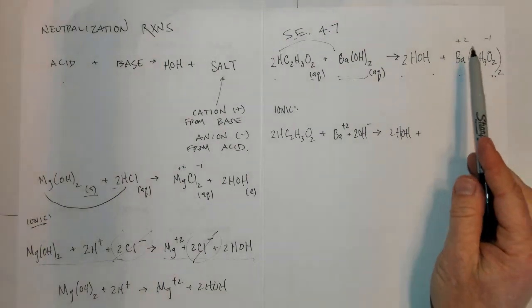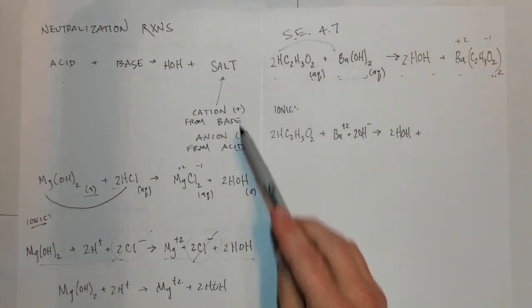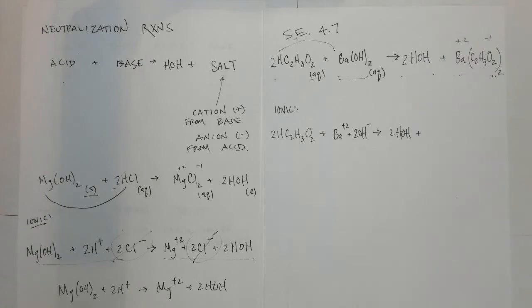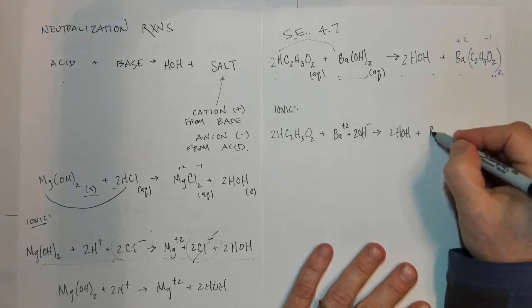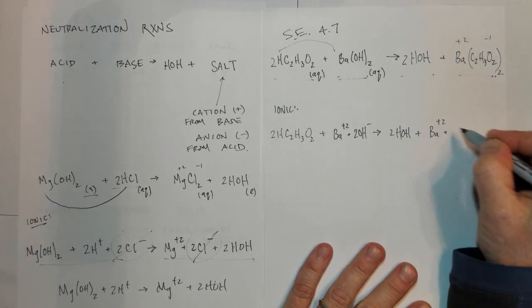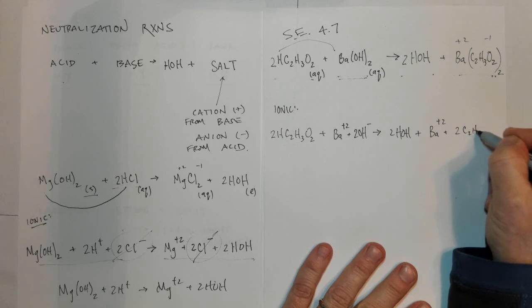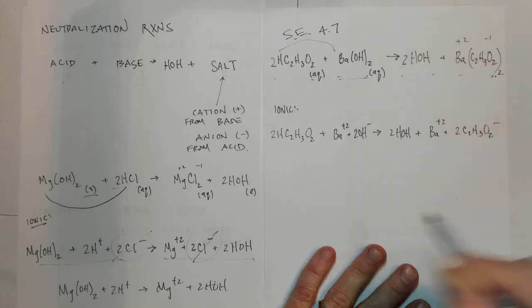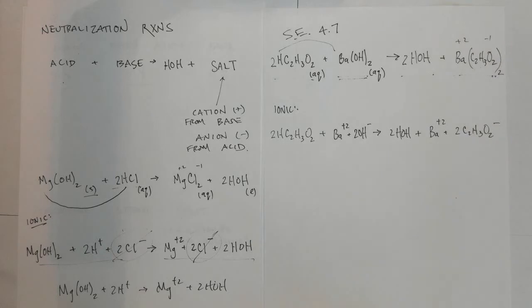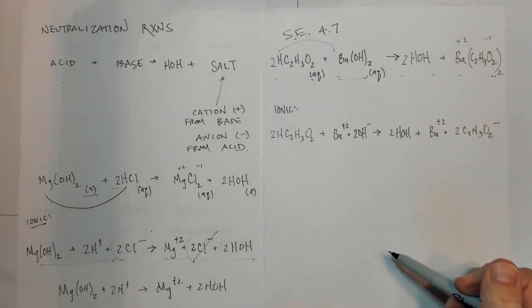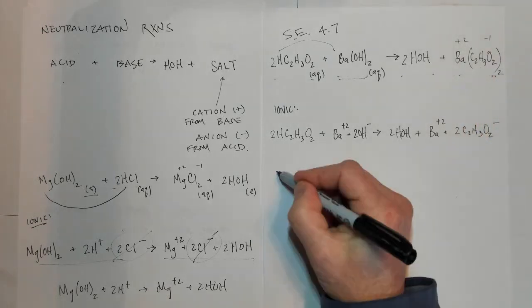Since it's soluble and an ionic compound contains a positive ion and a negative ion, we would split it up. And so I write Ba with a little +2 and 2 C2H3O2 minus. This is our complete ionic equation. Notice how the 2 went out in front here to illustrate there's 2 of those ions.